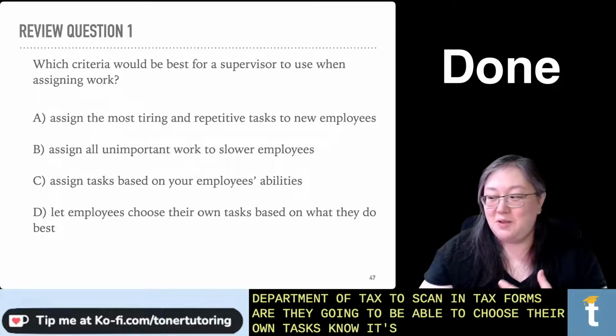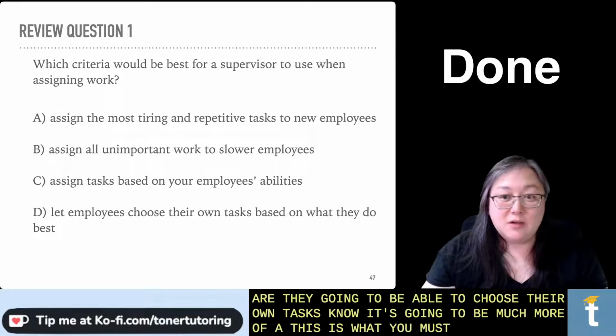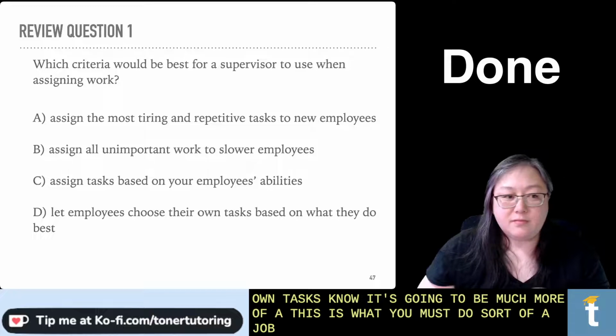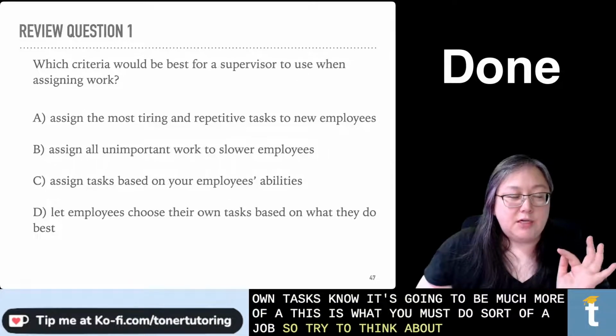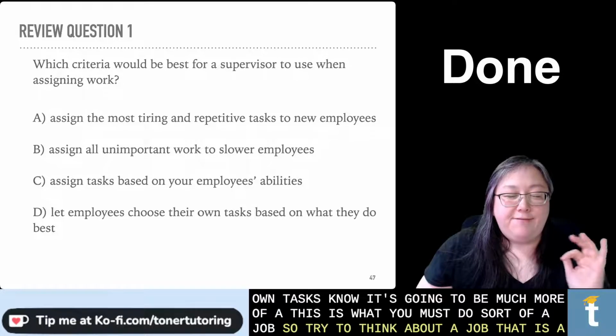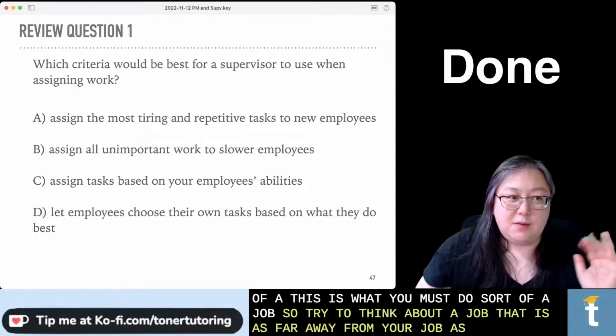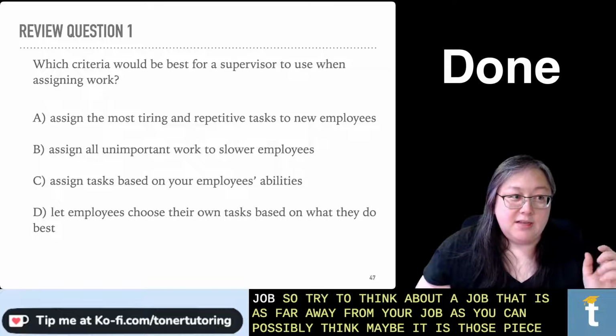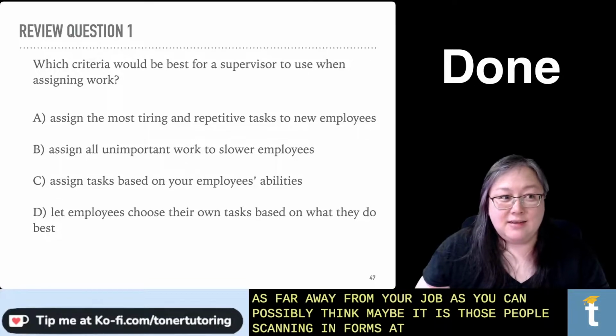No, it's going to be much more of a this is what you must do sort of a job. So try to think about a job that is as far away from your job as you can possibly think. Maybe it is those people scanning in forms at tax.